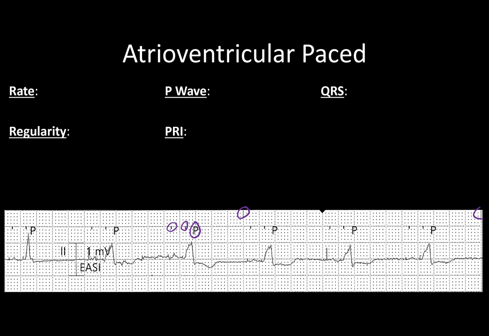So in situations like this, let's go ahead and get these beats numbered. If you look at beat number 4, or even beat number 3, it is very difficult to see the pacer spike on these. Beat number 5 is pretty easy because it's kind of tall, and even in beat number 1, they're kind of tiny, but they're there.